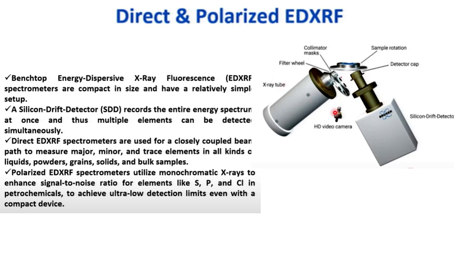Here, this is the X-ray tube generating the X-ray, the filter wheel, then obviously a collimator to make monochromatic light. This is the sample, and after that the detector is here that will detect the energy of the generated X-ray.